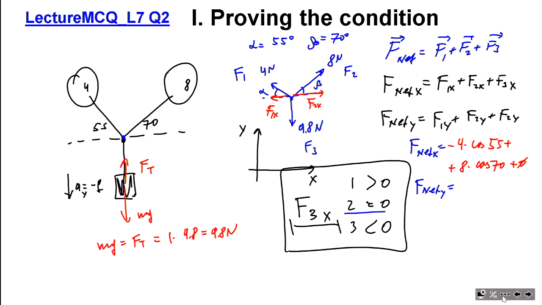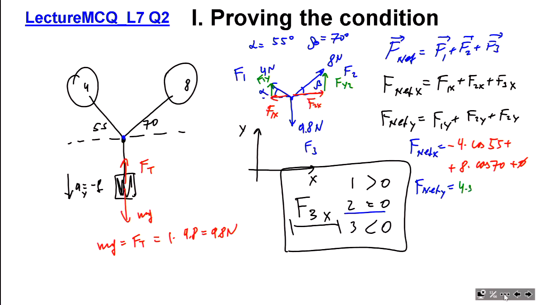This is the y component of the force number 1. This is the y component of the force number 2. And again, the y component is positive in both situations here and opposite to the angle, so we have to use sine.